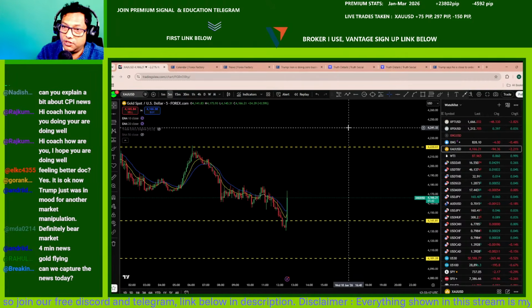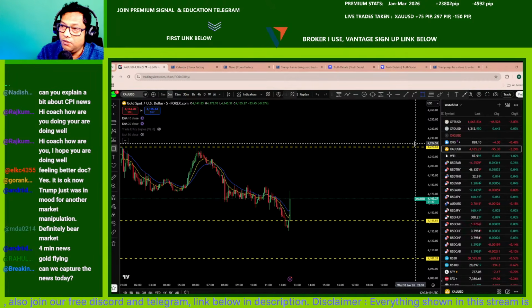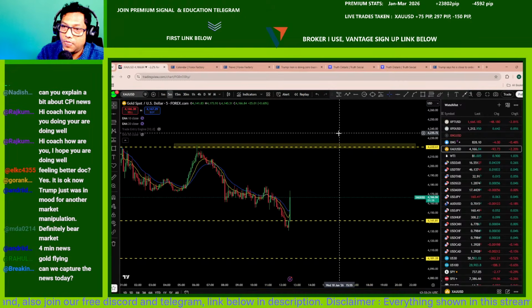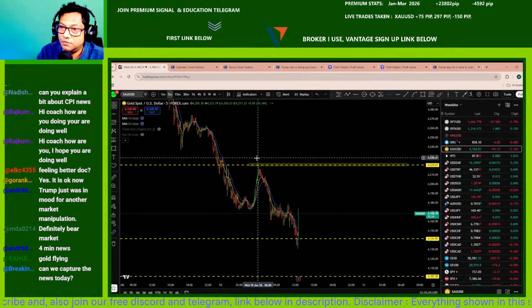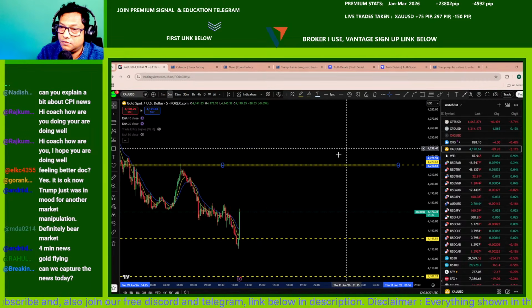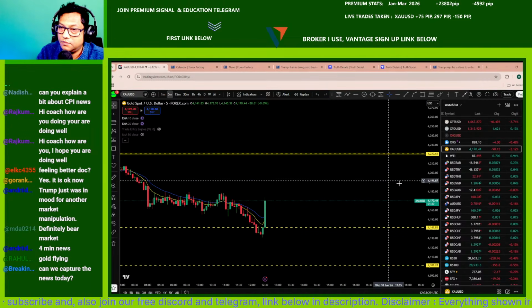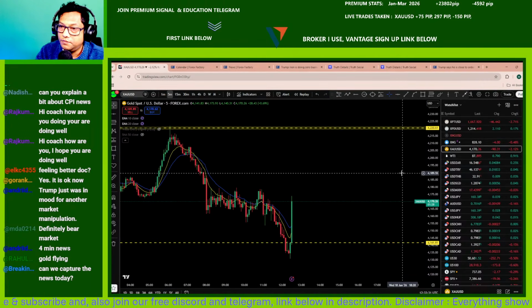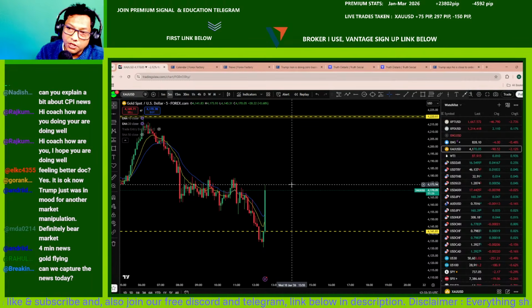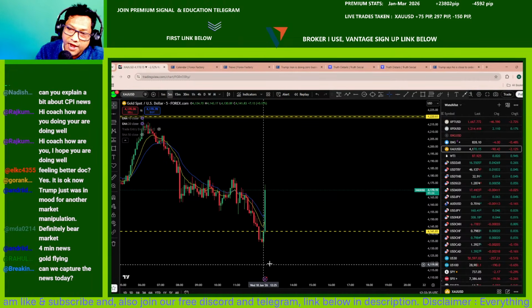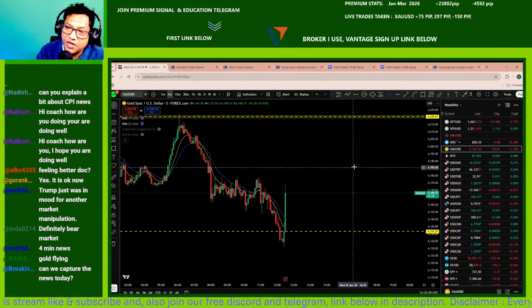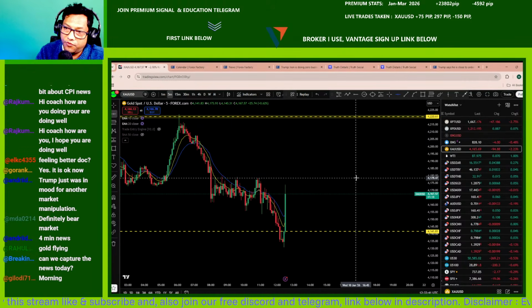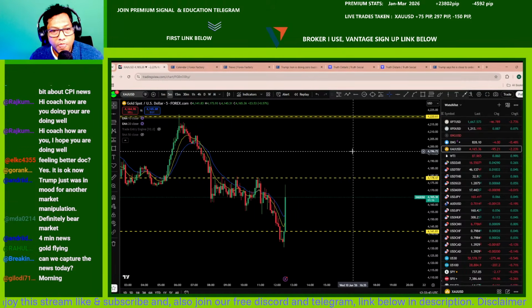Let's see how far it is going. From this support, the market had a significant breakup structure that you can see from this level.